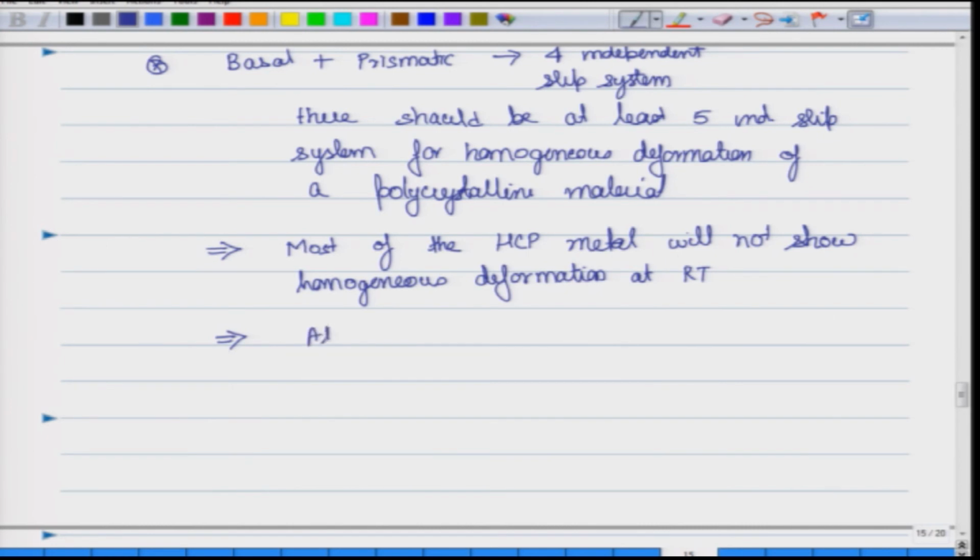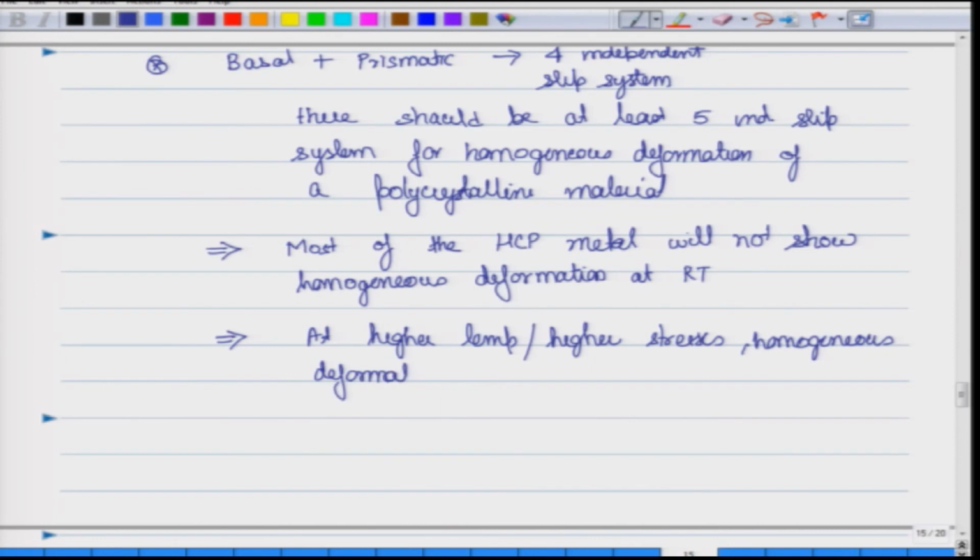So, at higher temperature or at higher stresses, homogeneous deformation must take place due to.